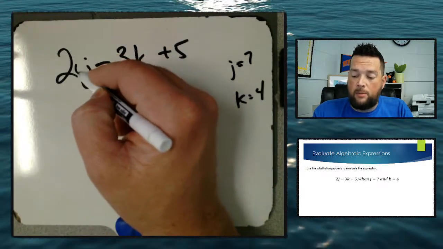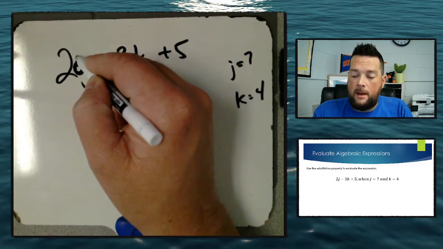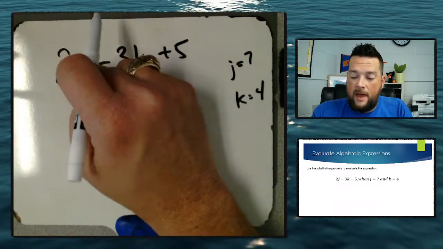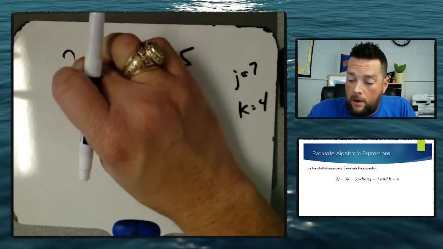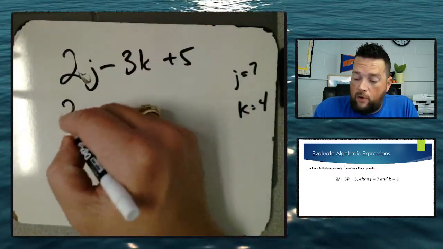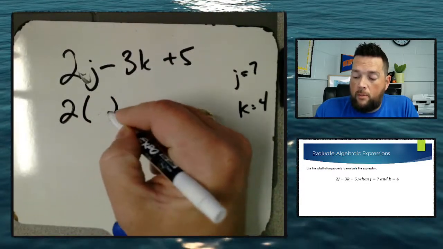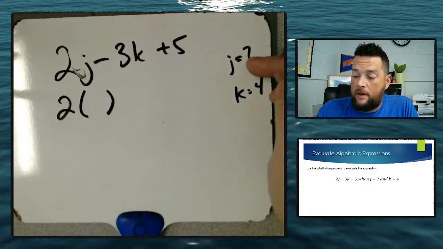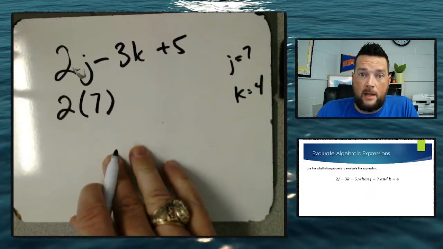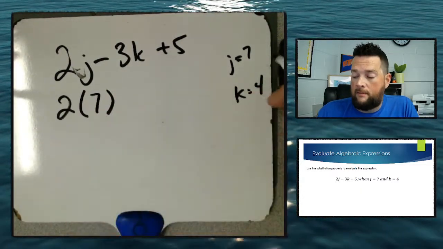There's an invisible operation right here in between the 2 and the j, and that invisible operation is multiplication, all right? So that's why I tell you whenever you rewrite your expression, you want to put parentheses for the variables just like that, and then you can take the number and put it on the inside of the parentheses that the variable is equal to.